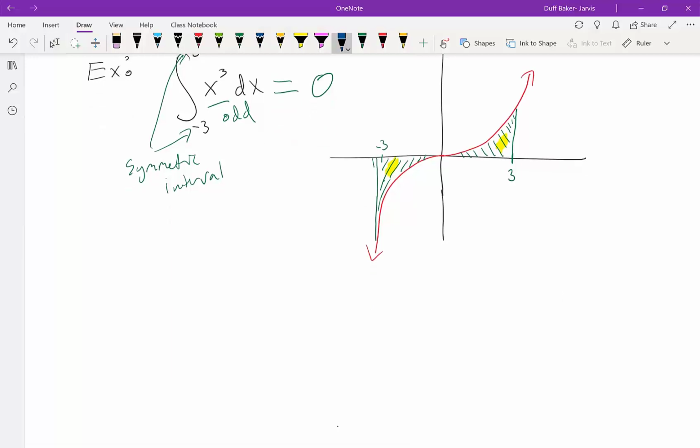So this is something that can save you a lot of work if you realize it from the beginning. So sorry, this is sort of just, I guess it's a theorem even.